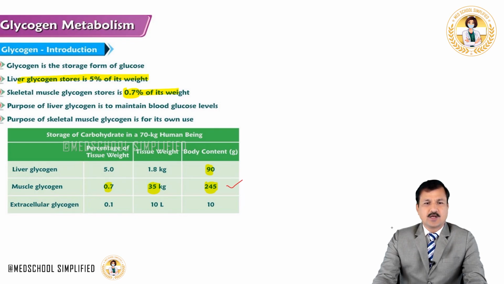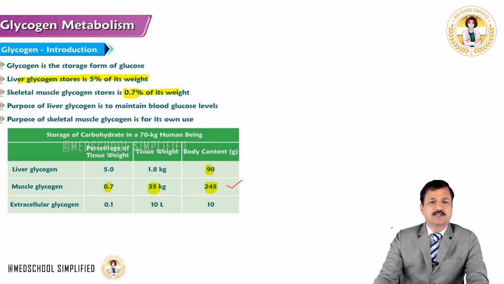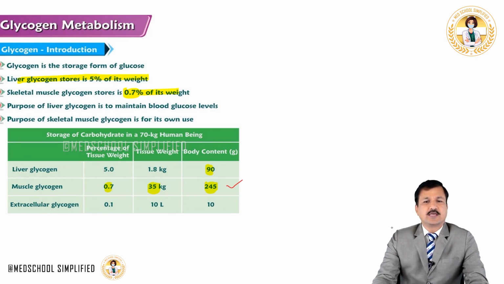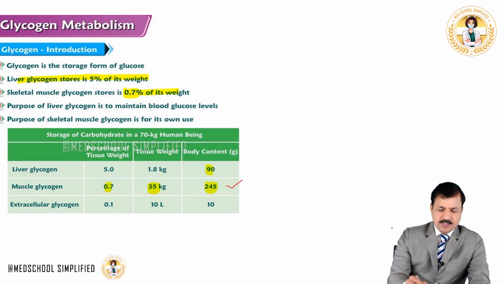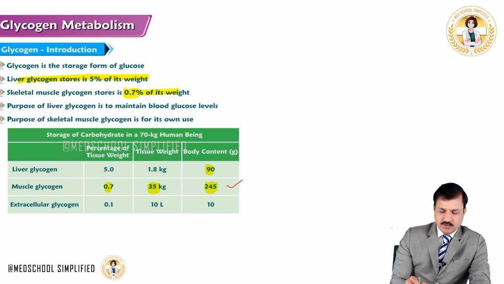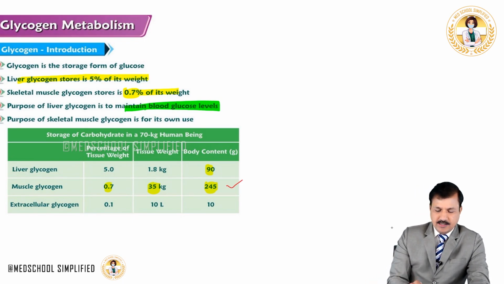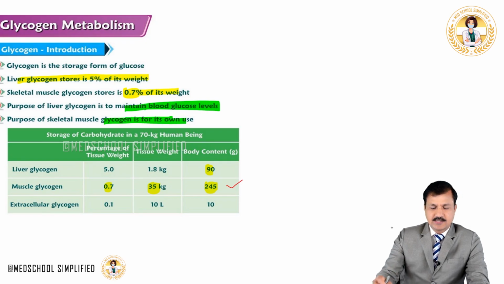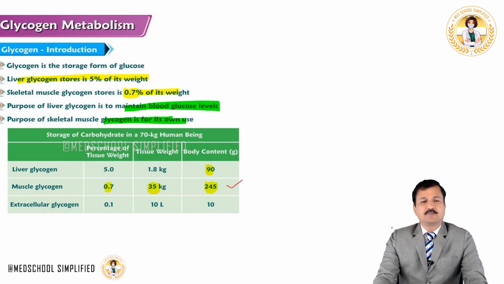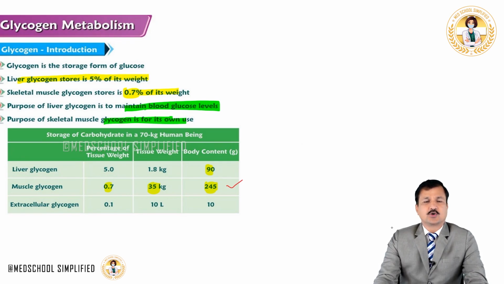Extracellular glycogen is around 10 grams. The purpose of liver glycogen is to maintain the blood glucose level, whereas the purpose of skeletal muscle glycogen is for its own use.